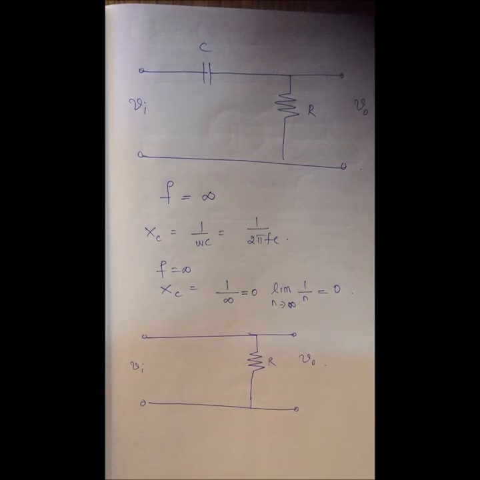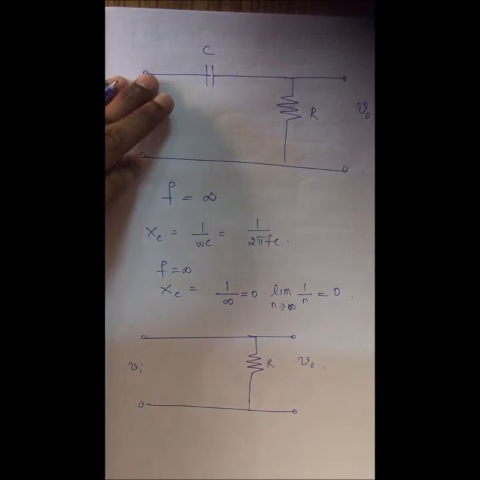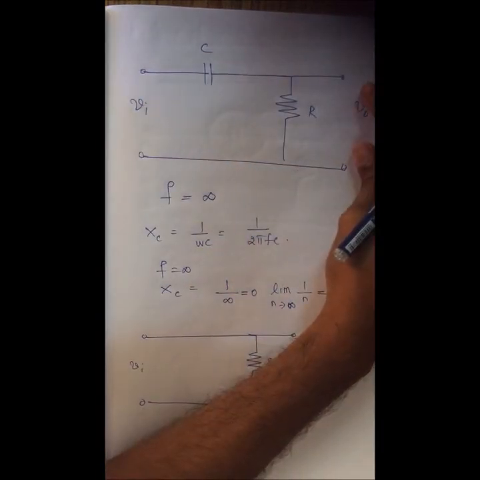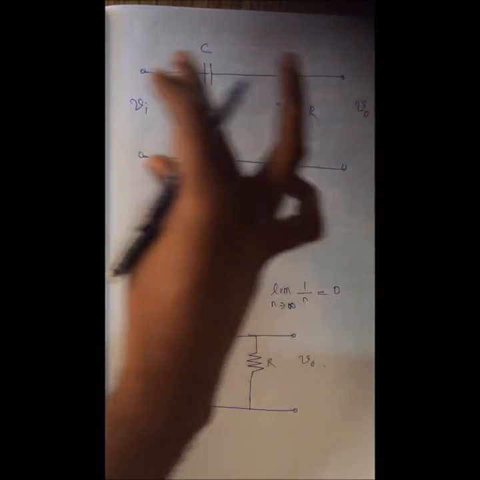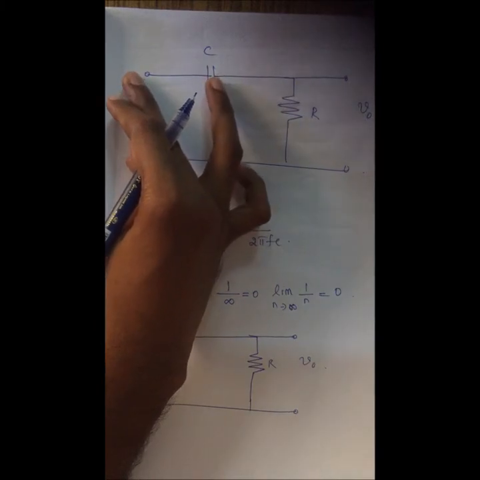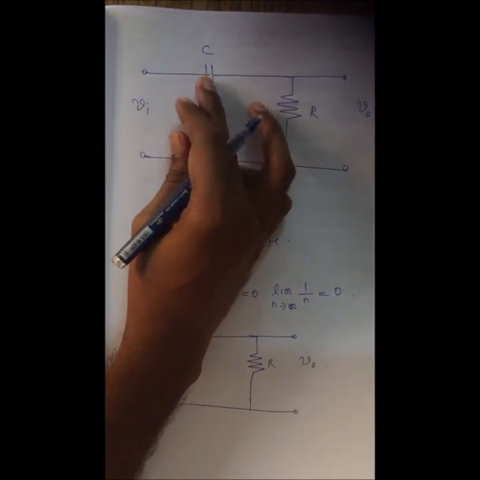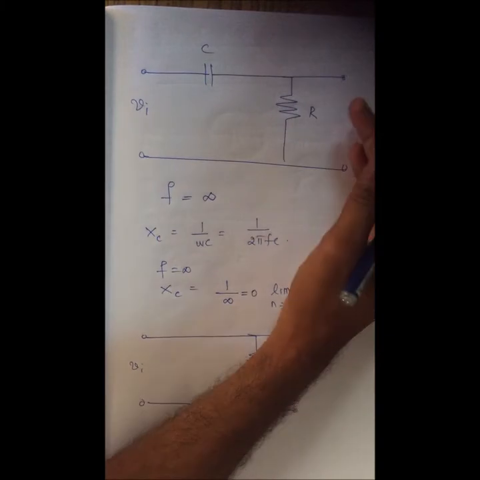So you would have understood, having given a DC signal, it is completely blocked, so the output is 0. Having given a very high frequency signal, without any block, you get the output.